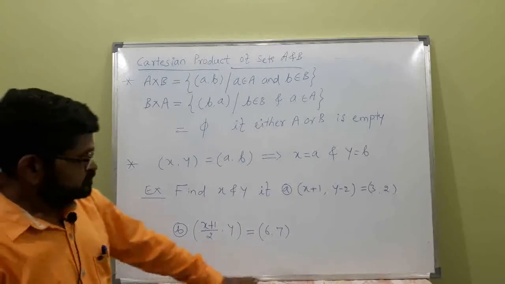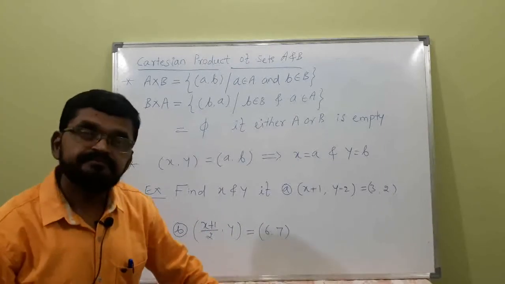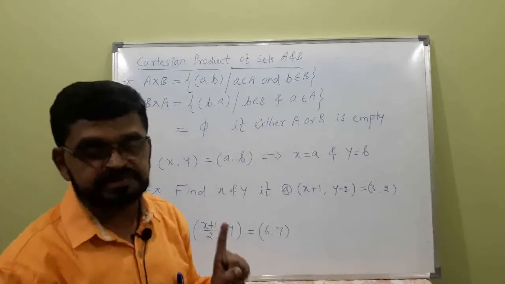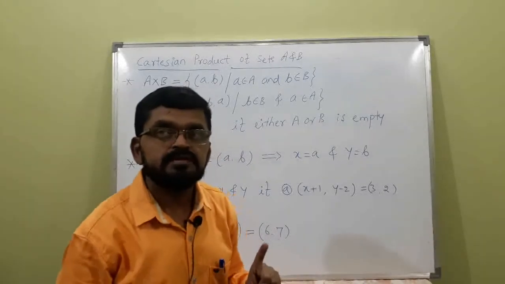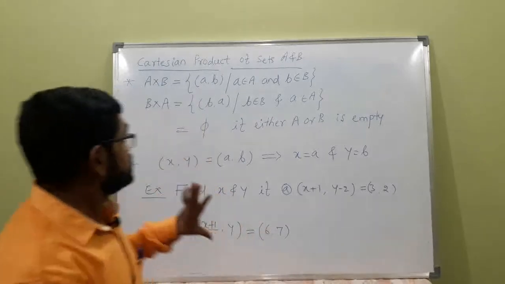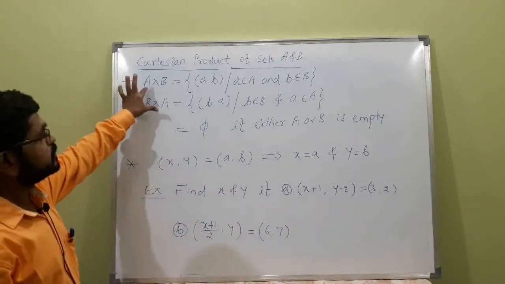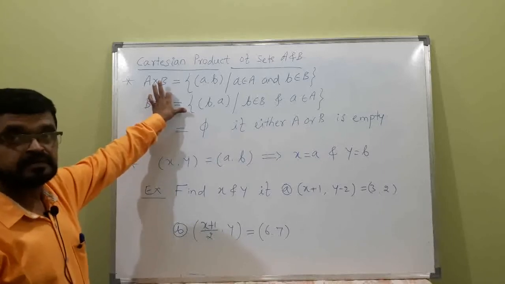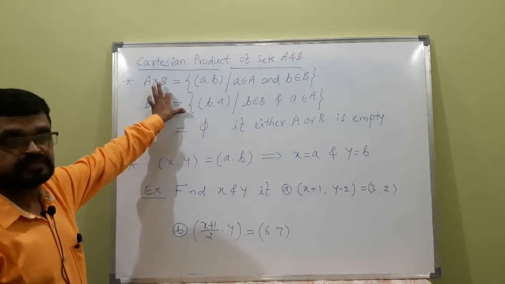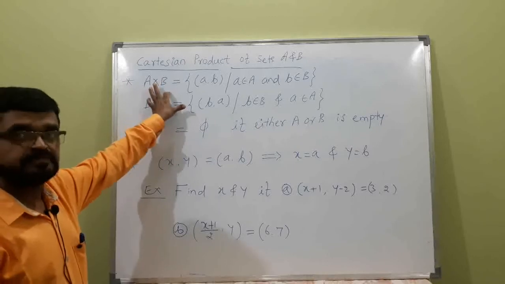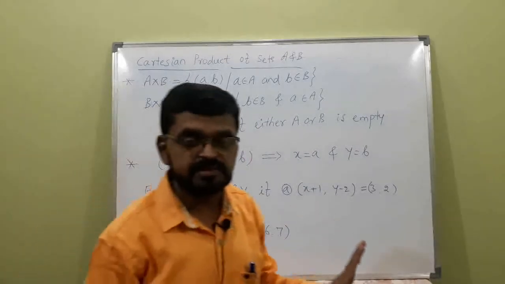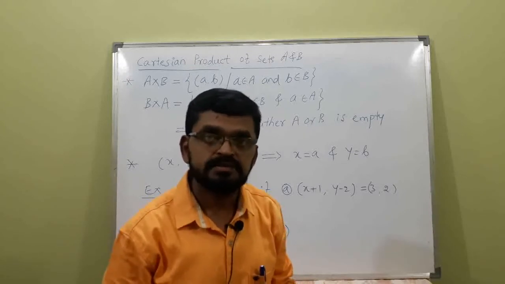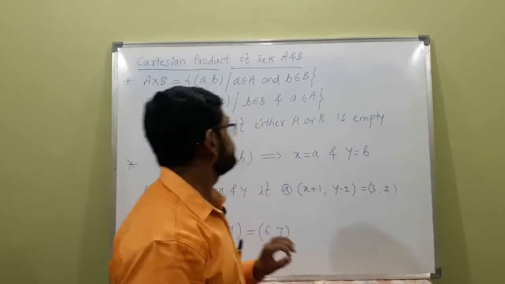Now let us start with the Cartesian product. Cartesian product is the basic concept for relation and function. Cartesian product of A cross B, where A and B are non-empty sets. Remember, unless otherwise mentioned that it is an empty set, it is understood the sets are non-empty only.